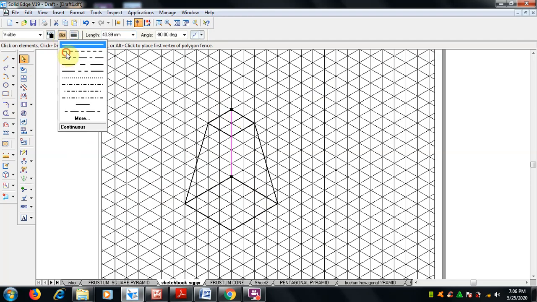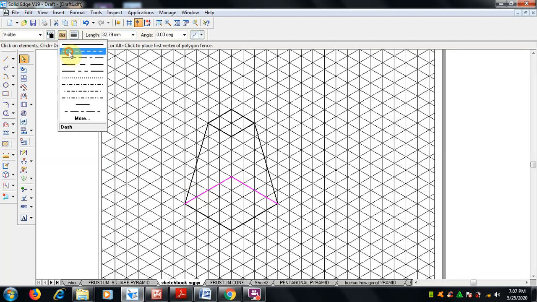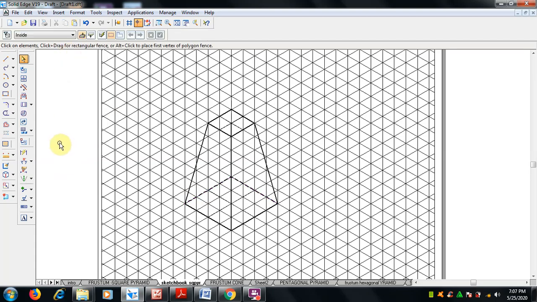It's not needed. You can show this hidden line, or else you can delete the line. It's not necessary to draw here. So this is the pyramid, and the sides which we are not able to see are invisible lines. Either you can delete them, or normally we give them as hidden lines, or else you can delete the line which is invisible.